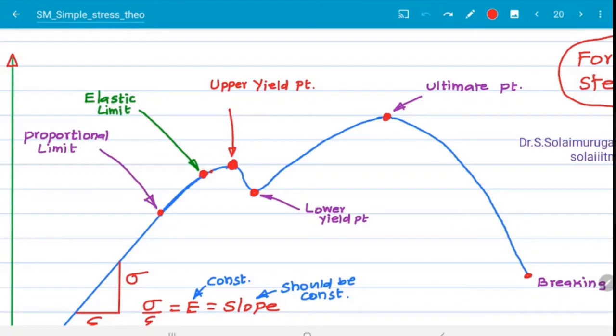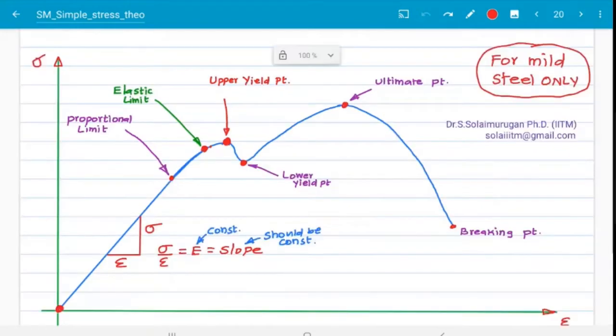At the upper yield point, what is happening if you are unloading? Regaining the original shape is possible or not while unloading from the yield point? No, not possible.